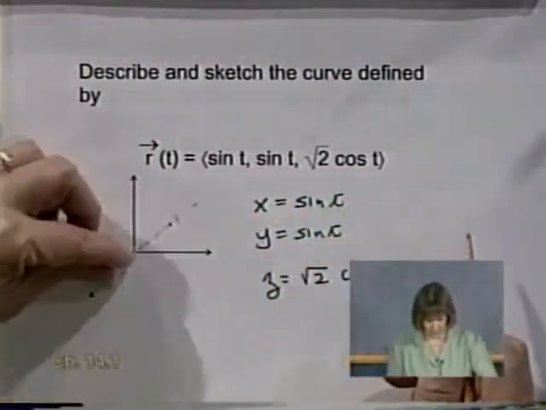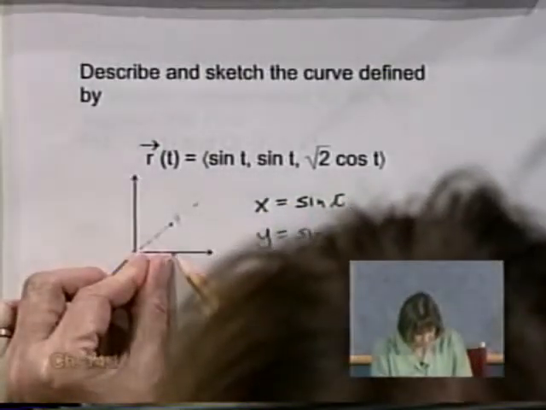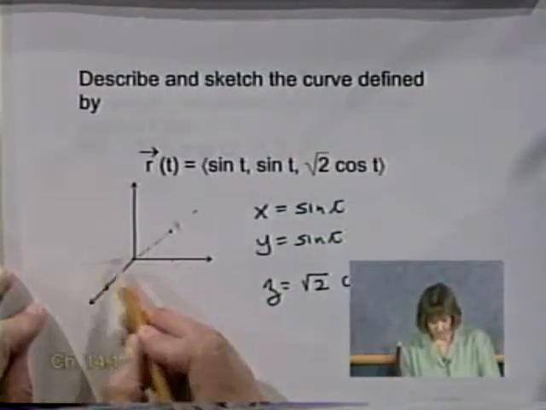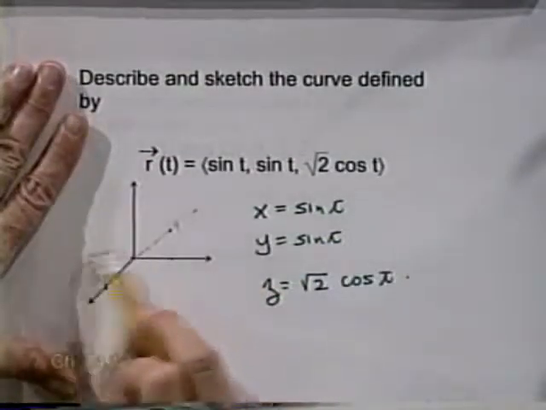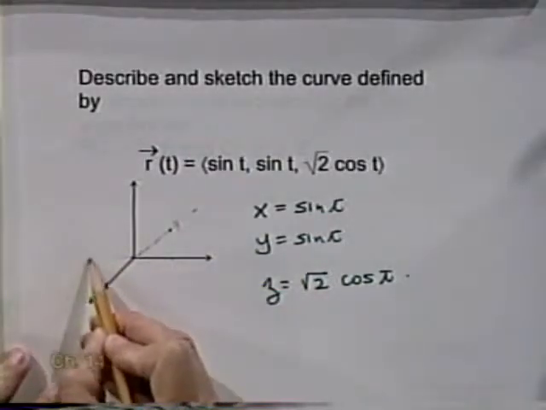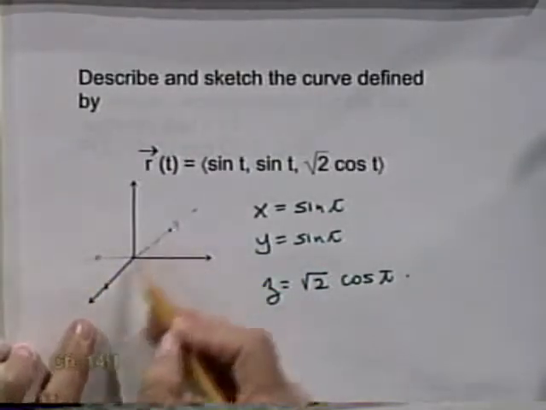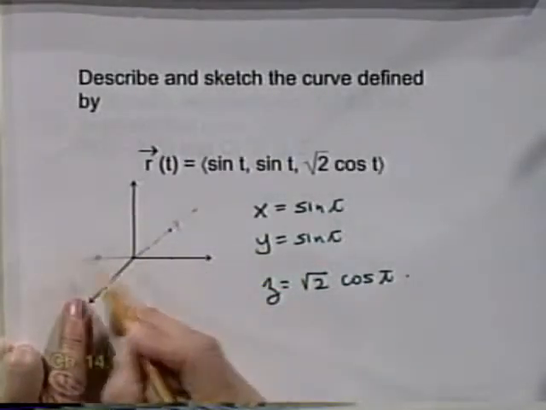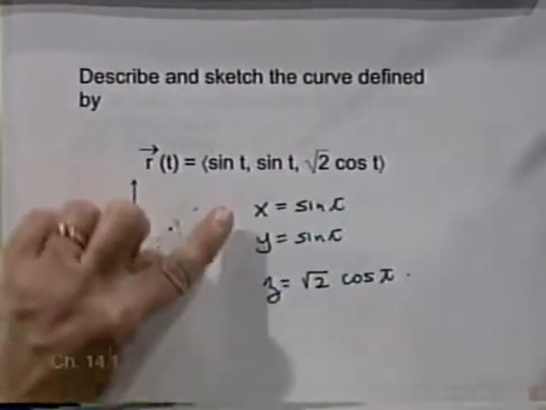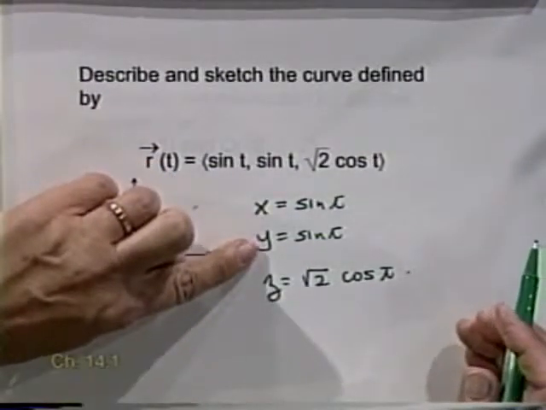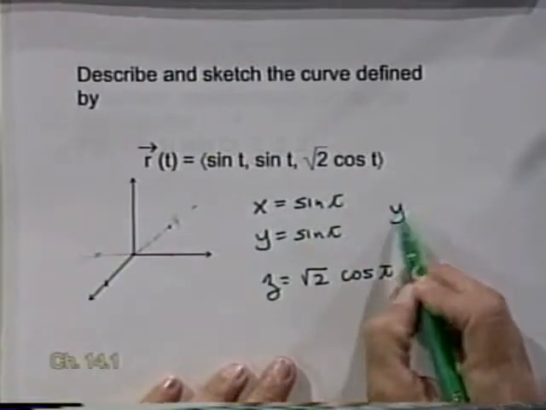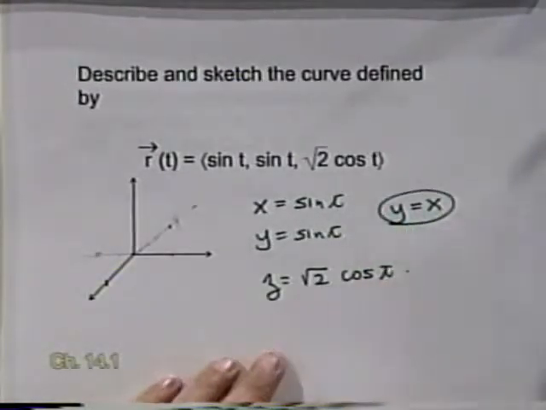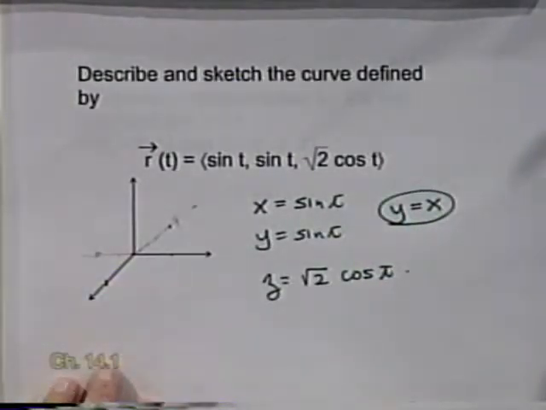Eraser's a little bit forgiving. And I let this be 1, and this be -1. My x's can't exceed -1, 1, and my y's can't exceed -1, 1. And also notice, since x equals sine t, y equals sine t, my goodness, the x's and y's satisfy the equation y equals x.